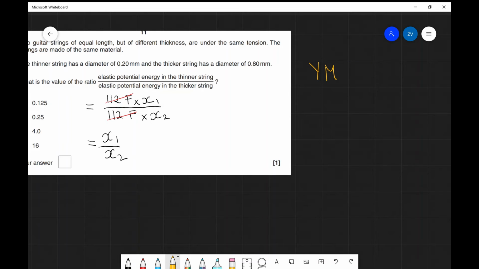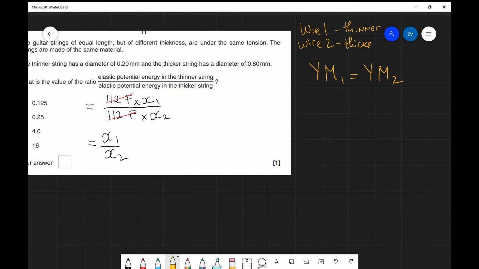Once again, I'm just going to say that wire 1 is the thinner one. So any index that you encounter of being index 1, that's the thinner one, and wire 2 will be the thicker one, like so. Well, we know that the two Young's moduluses are the same, so Young's modulus 1 is equal to Young's modulus number 2.